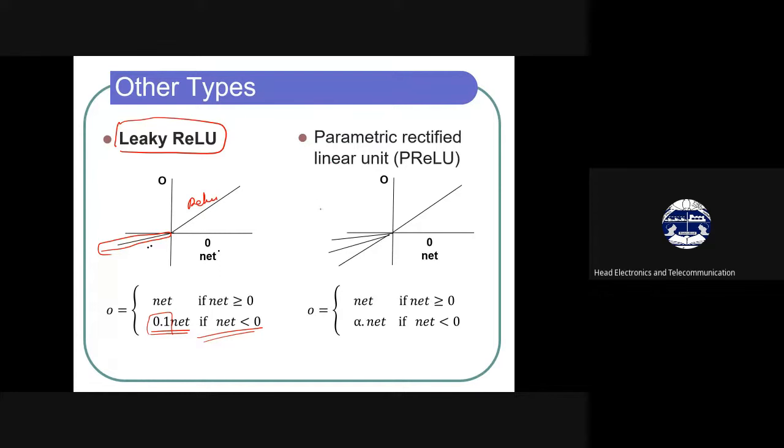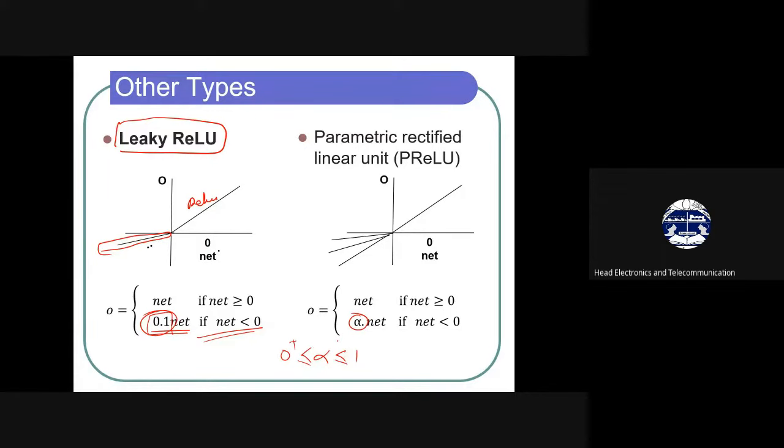Then people thought of another version. Why just put 0.1 here? Why not have a small alpha number here? Say alpha is in the range, maybe 0 to 1. If I put 1 here, it becomes just a simple linear activation function, which is of no use in this domain.